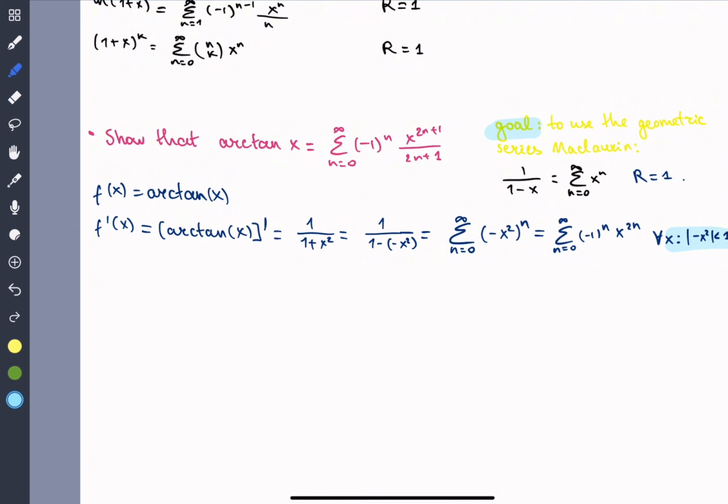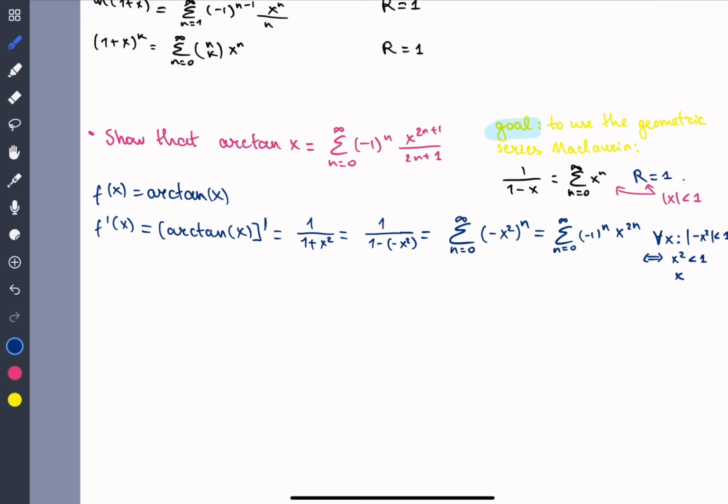In the case of geometric series, it is the absolute value of x less than 1, because there we have x to the power of n. And in our case, we have minus x squared inside the series that's then taken to a power of n. So it logically makes sense. If you compare these two series, you know for which x this holds.